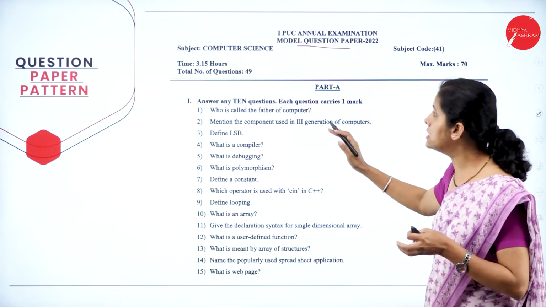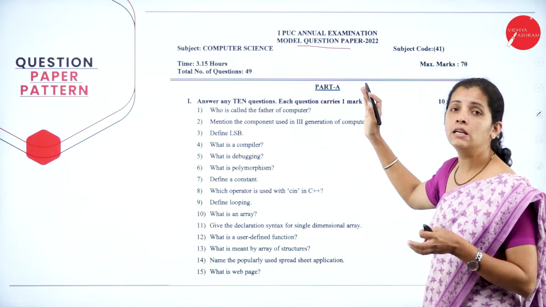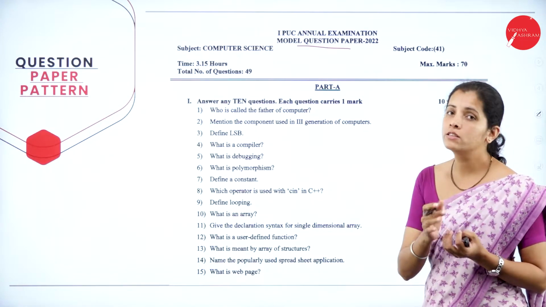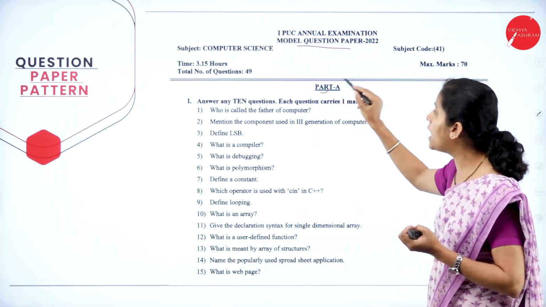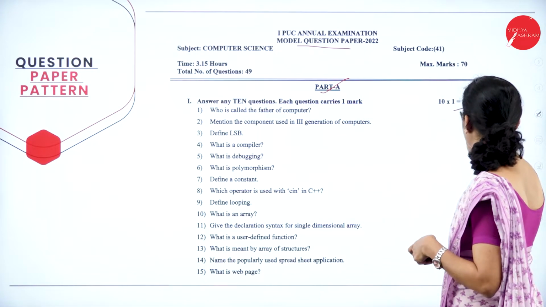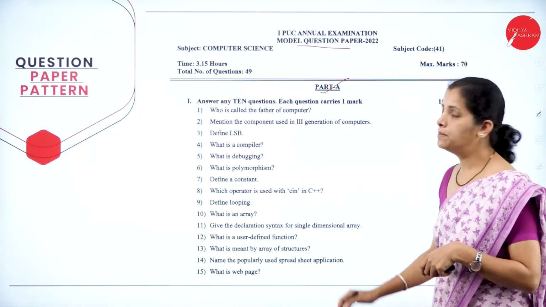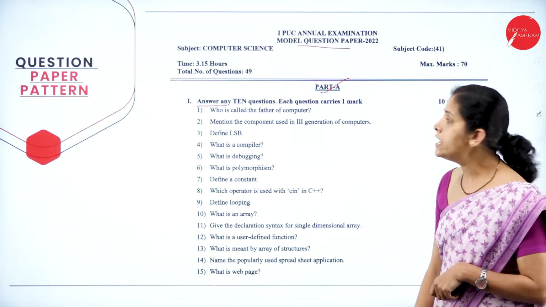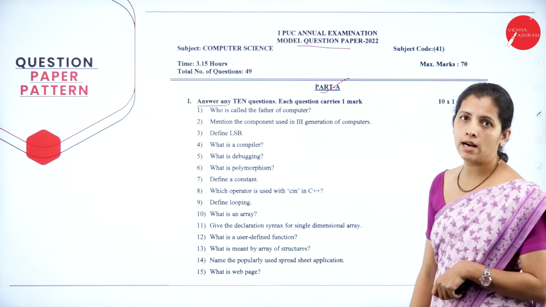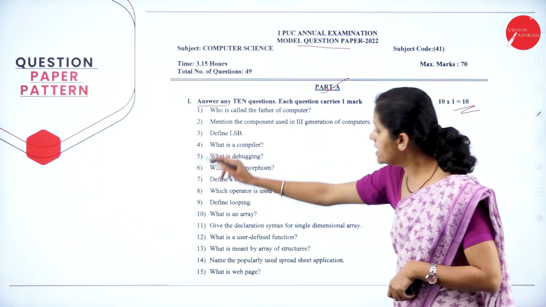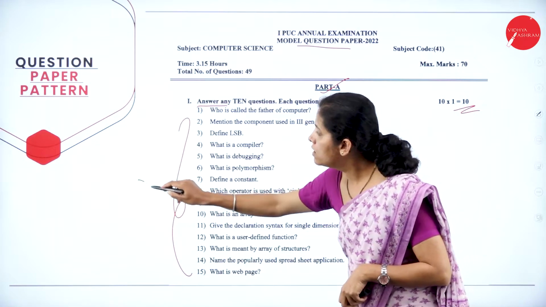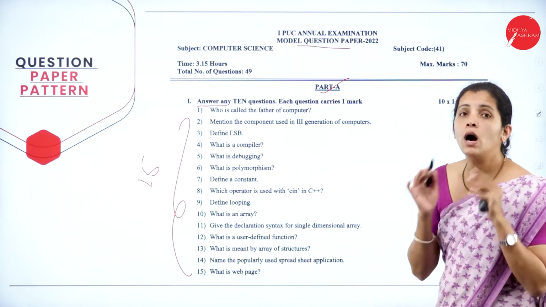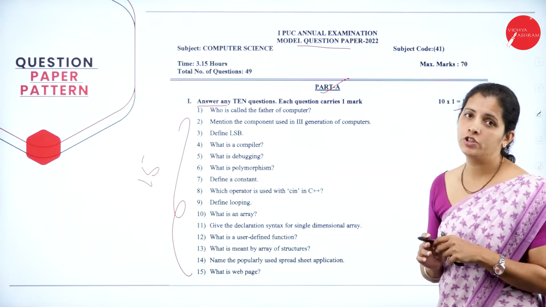As I discussed, this question paper includes 4 different parts or sections, that is part A. So, part A 10 marks. That means answer any 10 questions. Each question carries 1 mark. That means, see here, total 15 questions. Out of 15, I want to answer only 10 questions.